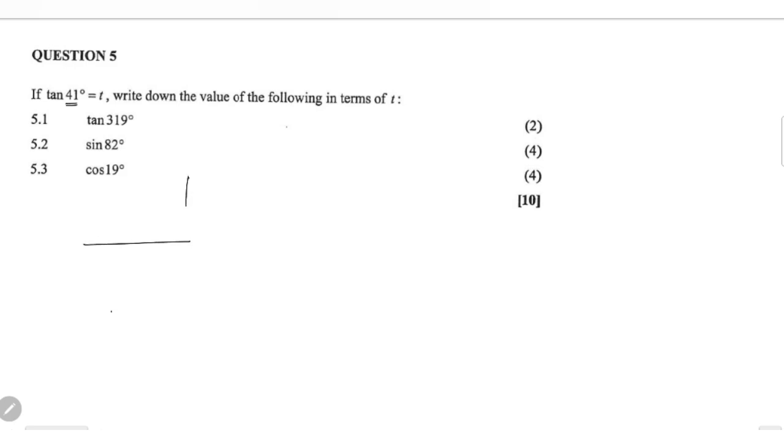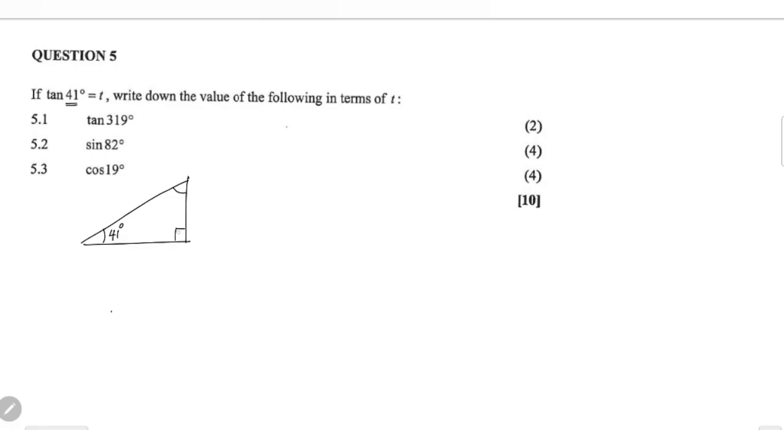A right angle triangle. I hope you know what a right angle triangle is. One of the angles is 90 degrees, and one of the acute angles is 41, isn't it? Okay, and this acute angle, what is this one? This is 41. These two acute angles are complementary, right? Their sum is 90 degrees.